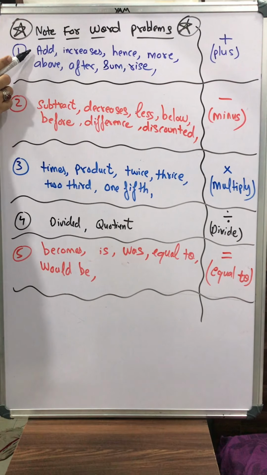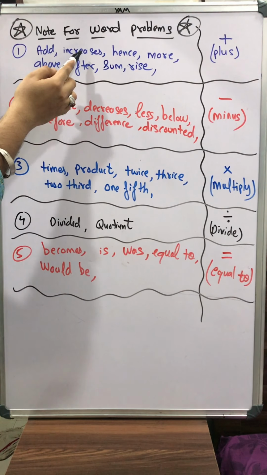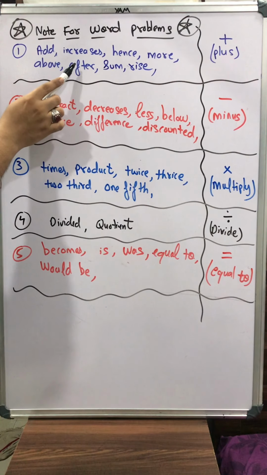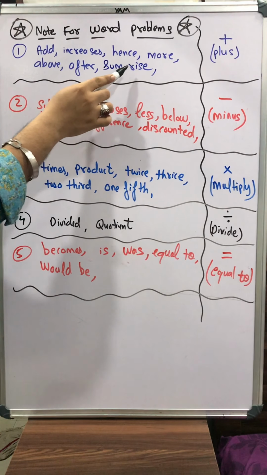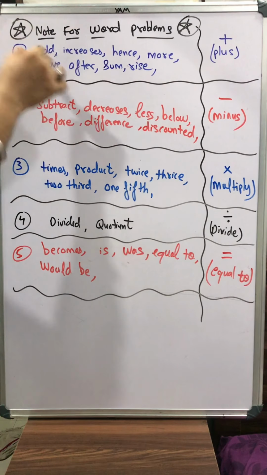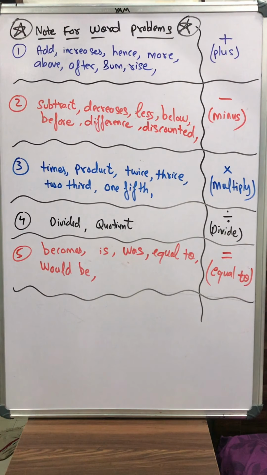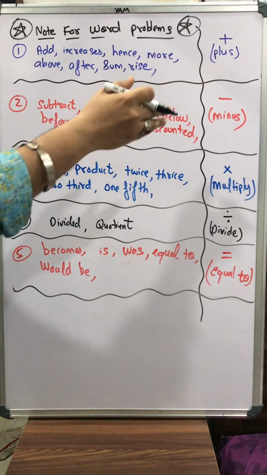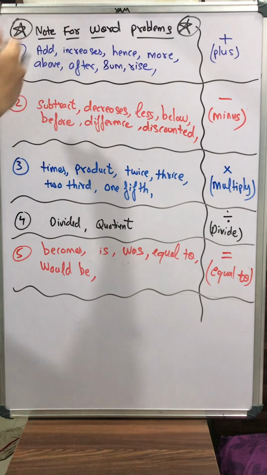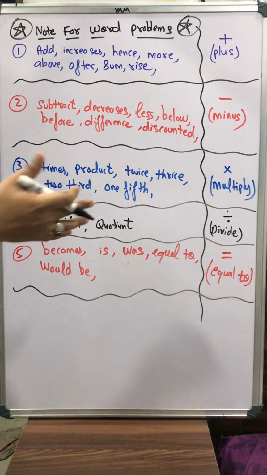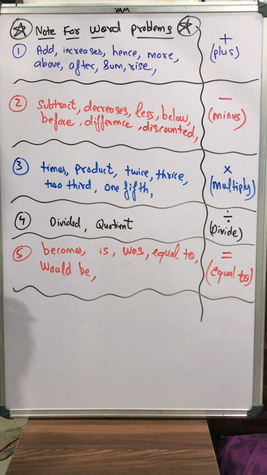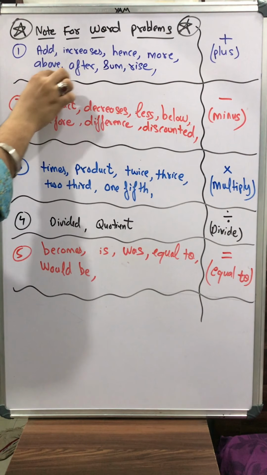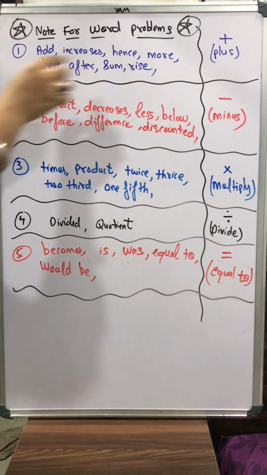Whenever the word add or increase or hence, more, above, after, some, rise, any of these words are there in your question, I have made a comma. So you can make your own list. As you solve questions, more and more words can come. So I request you, whenever you copy this note in your notebook, always leave 2 or 3 lines blank for new words to add to your dictionary.